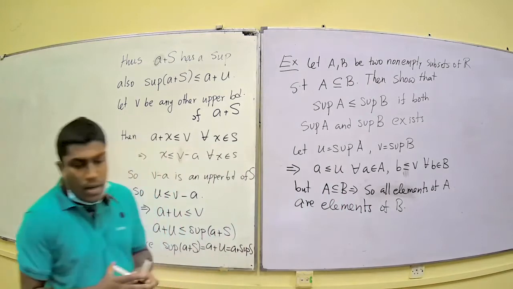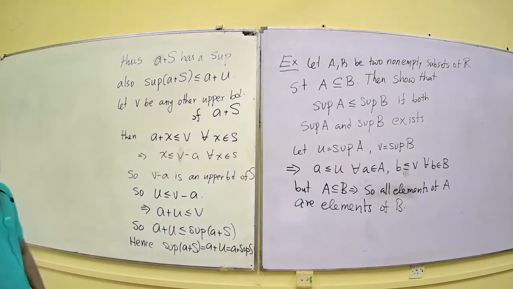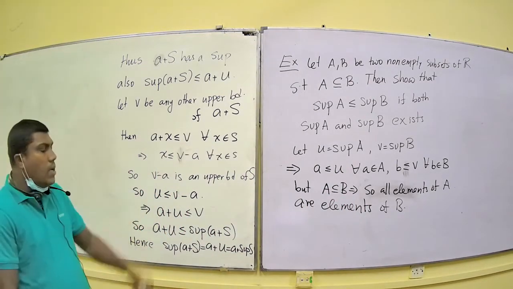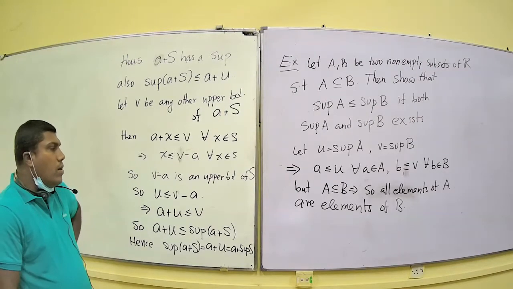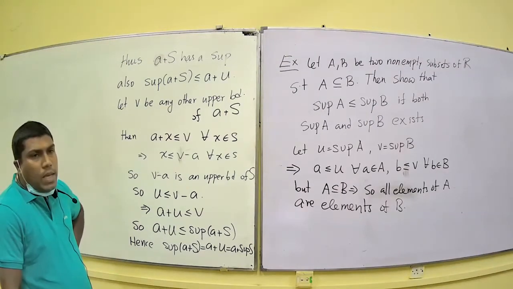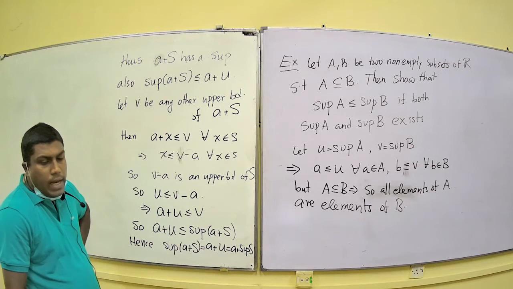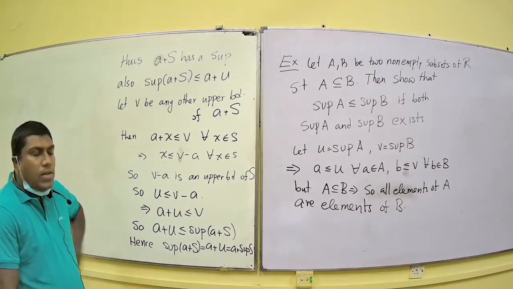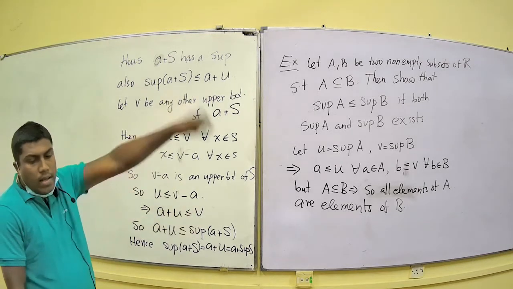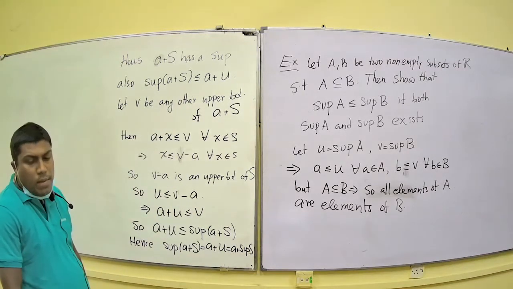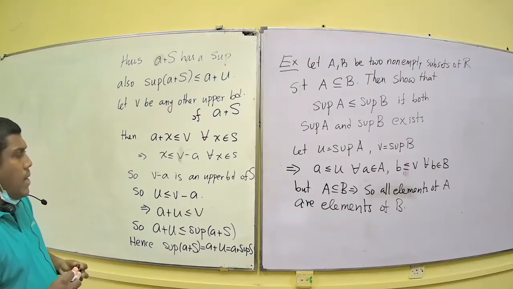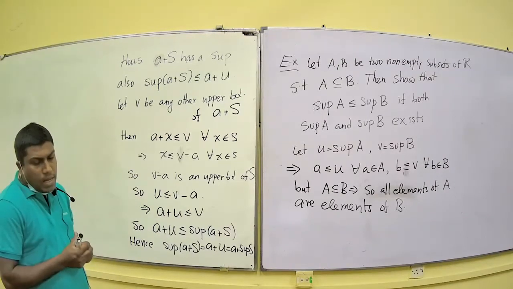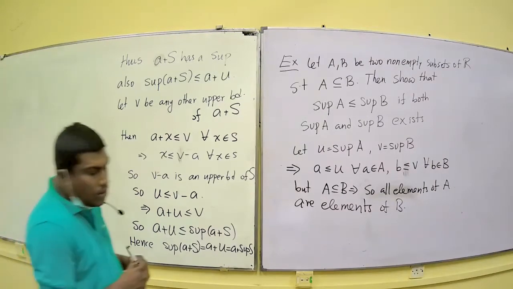Right, so this is the meaning of subset. Right, so you must have learned in A levels or O levels, but I just wrote it down. If A is a subset of B, that means every element in A must be an element in B. Right? So if you take an a in A, then a should be in B as well, because A is completely contained inside B. Right?